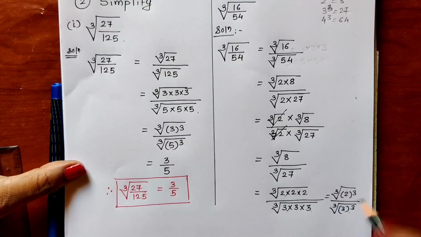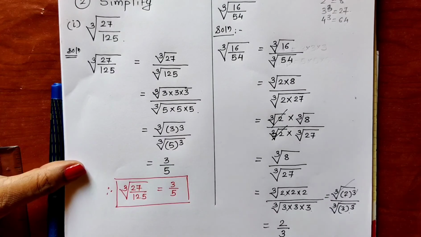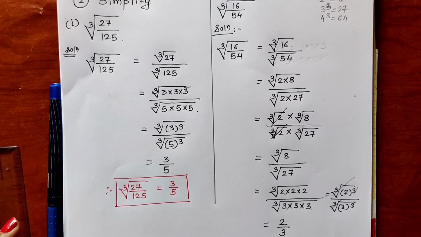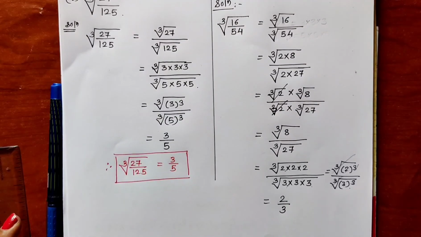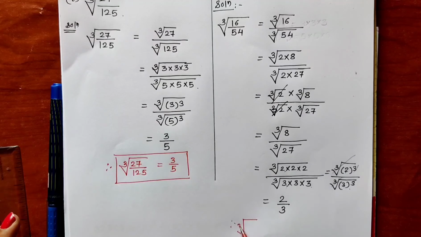Now this cube and cube root cancel each other, and we get only 2 upon 3 as the answer. So therefore cube root of 16 upon 54 is equal to 2 upon 3.